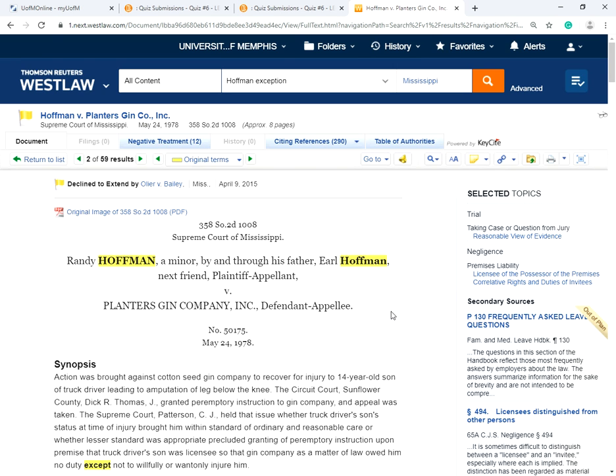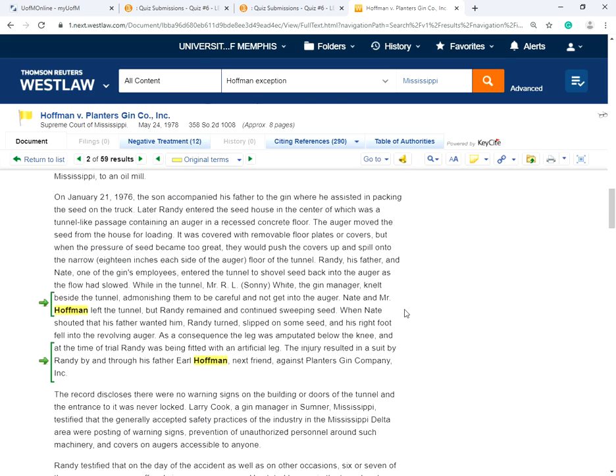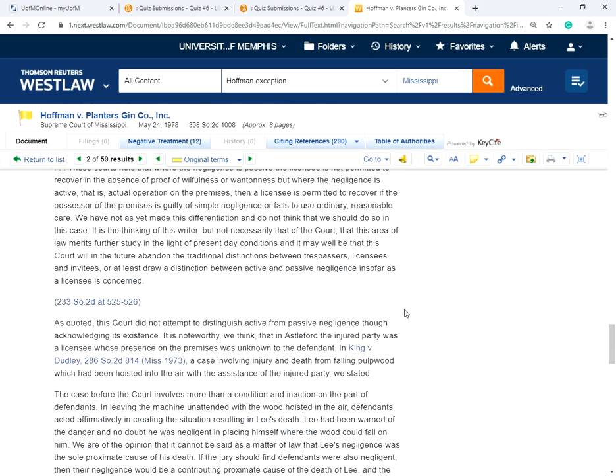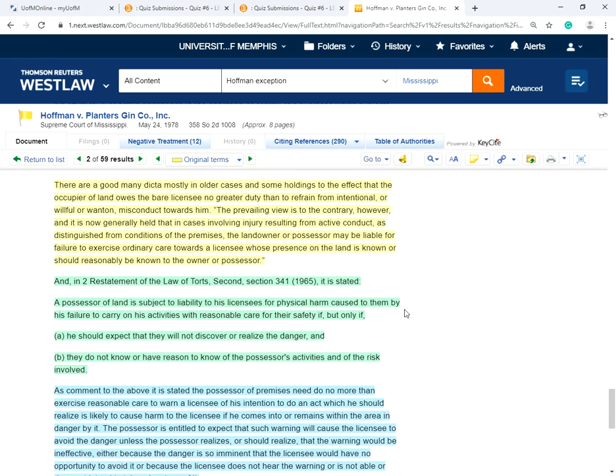And I went through a number of cases on Westlaw, and I came across the Hoffmann and Planters Gin Company. And in this opinion, it talks about invitees, trespassers, licensees, invitees onto a property. And I had to deduce from the opinion what they were trying to get to, because it does talk about licensees, trespassers, and an invitee.